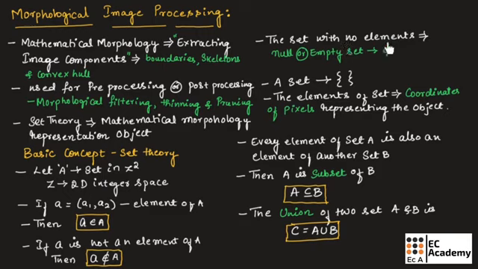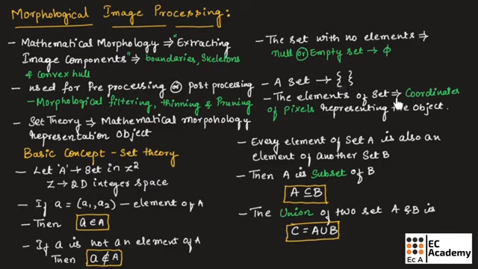The set with no elements is known as the null or empty set, which can be represented with phi. A set can be represented by the content of two braces as shown here.